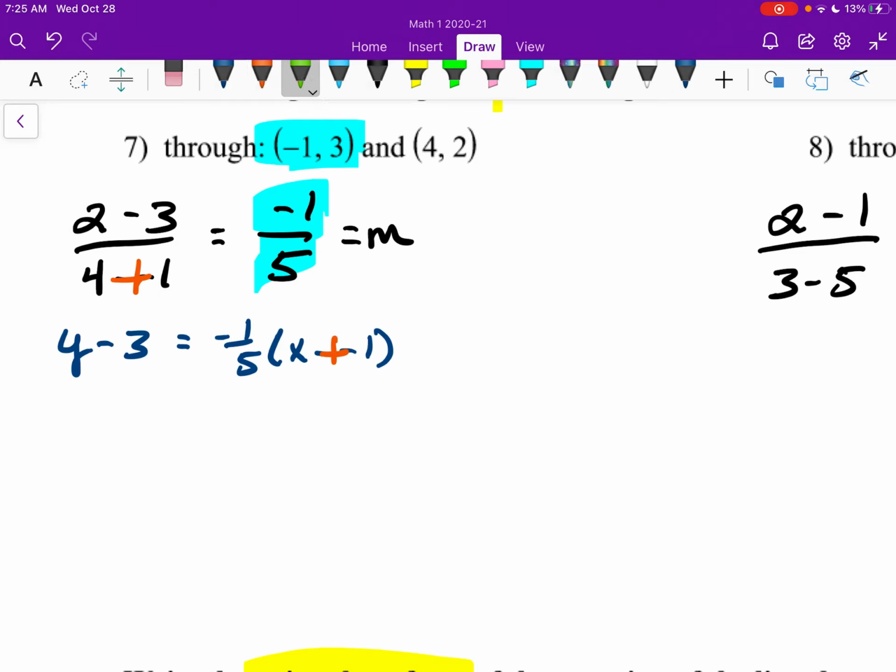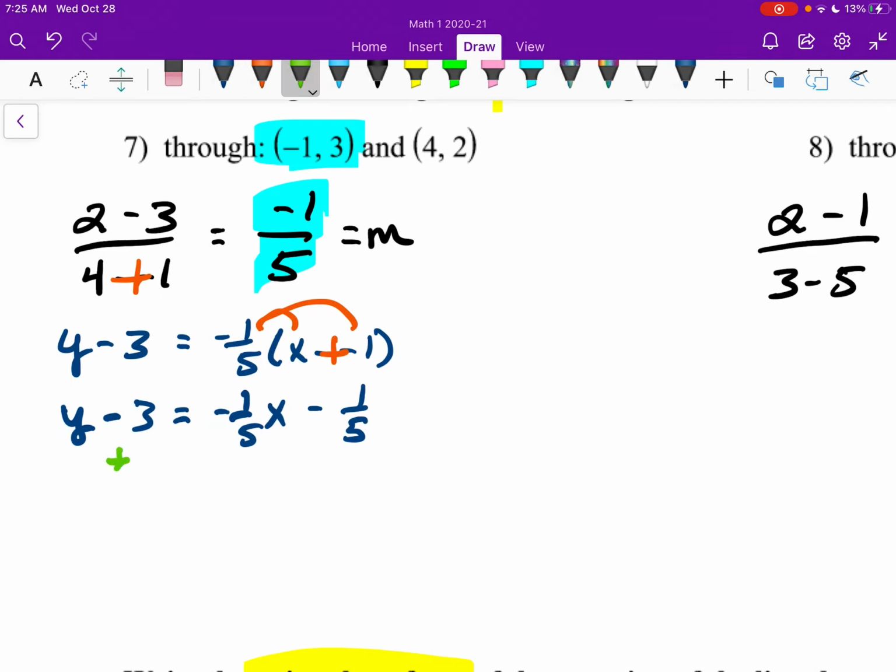And now I'm going to need to distribute this negative 1/5 to both of those. So here I have y minus 3 equals negative 1/5 x minus 1/5, right? It's negative because we were distributing a negative.